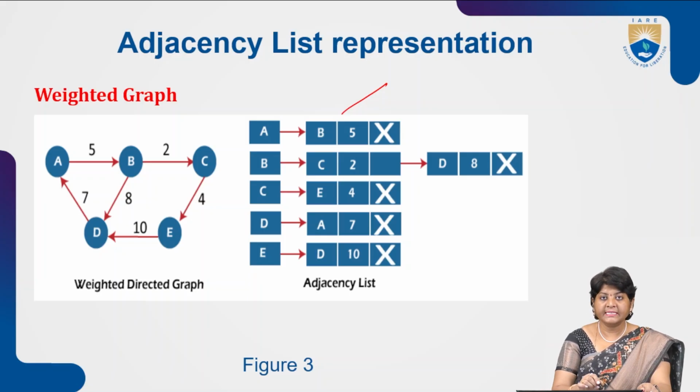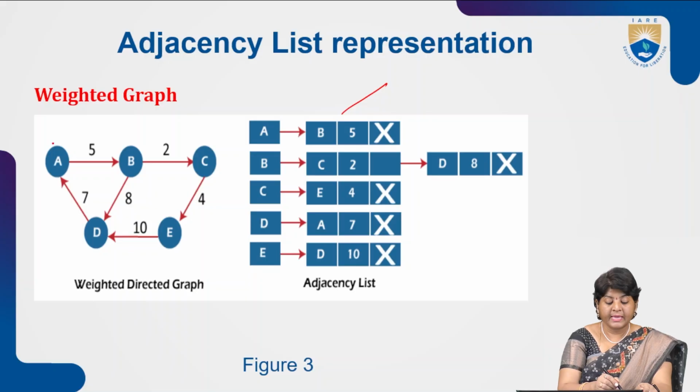We will analyze this graph. So here, 5 vertices are given, A, B, C, D, E. And the weights are assigned as 5, 2, 4, 10, 8, 7.